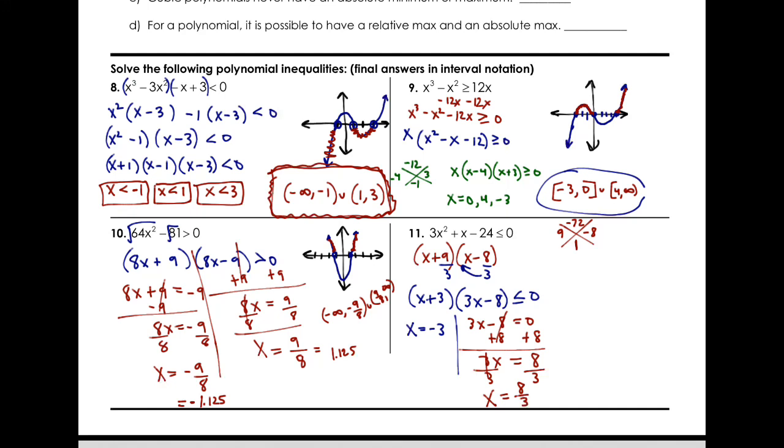What does 8 over 3 look like? 8 over 3 is the same thing as about 2.67. And so now we have what we need to graph.